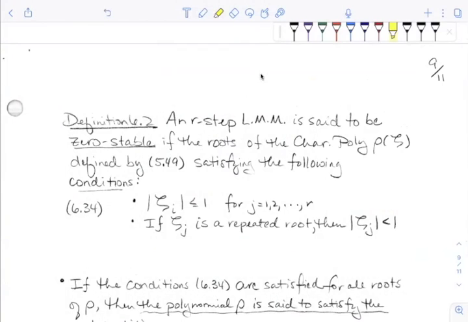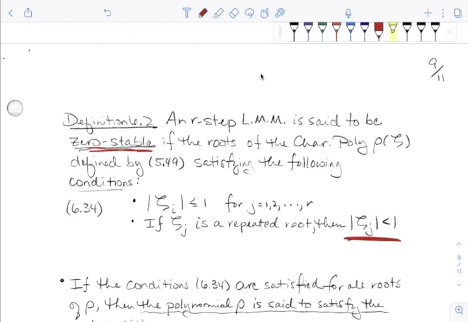So an R-step linear multi-step method is said to be zero stable if the roots of that characteristic polynomial rho that we've been working with satisfy the following conditions. All of the roots have modulus, or magnitude, less than or equal to 1. And if zeta j is a repeated root, then its modulus has to be explicitly smaller than 1.